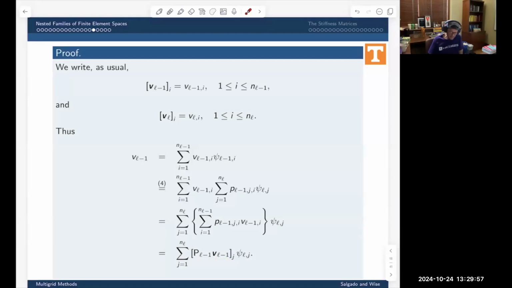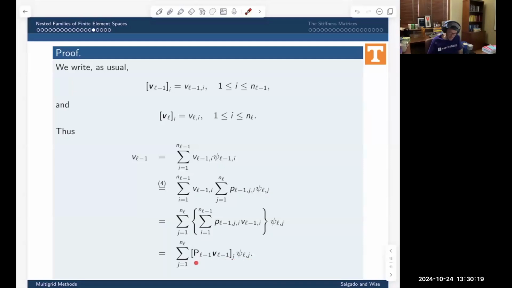But that's exactly what I wanted to show, because whatever appears here are going to be the coordinates of this vector. Now we've switched bases. We started out with this coarse level basis and we switched to a fine level basis. So whatever these coordinates are here are the coordinates in the fine level basis.